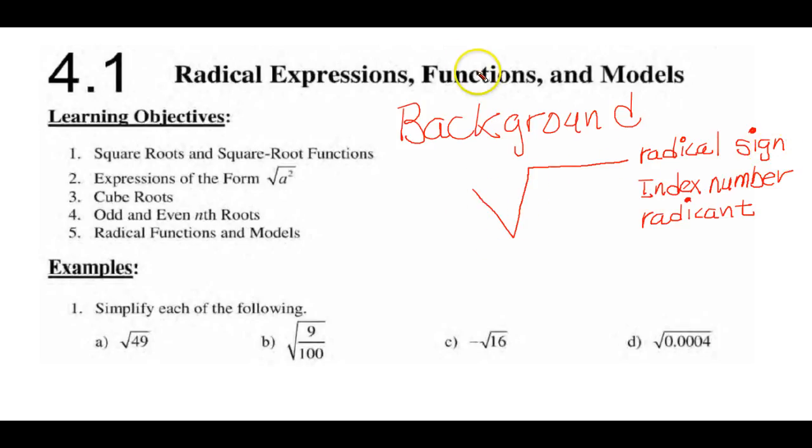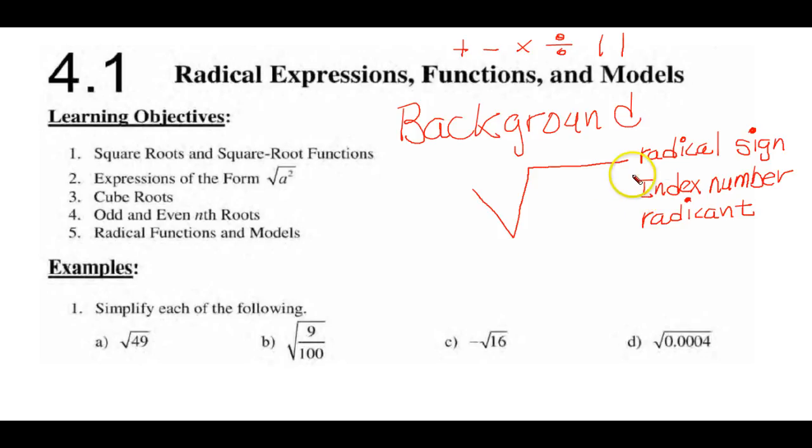Now, this is sort of like a plus, a minus, a multiply, and divide, and absolute value. This is an operation. It is take the whatever this sign indicates of the number that is under it.